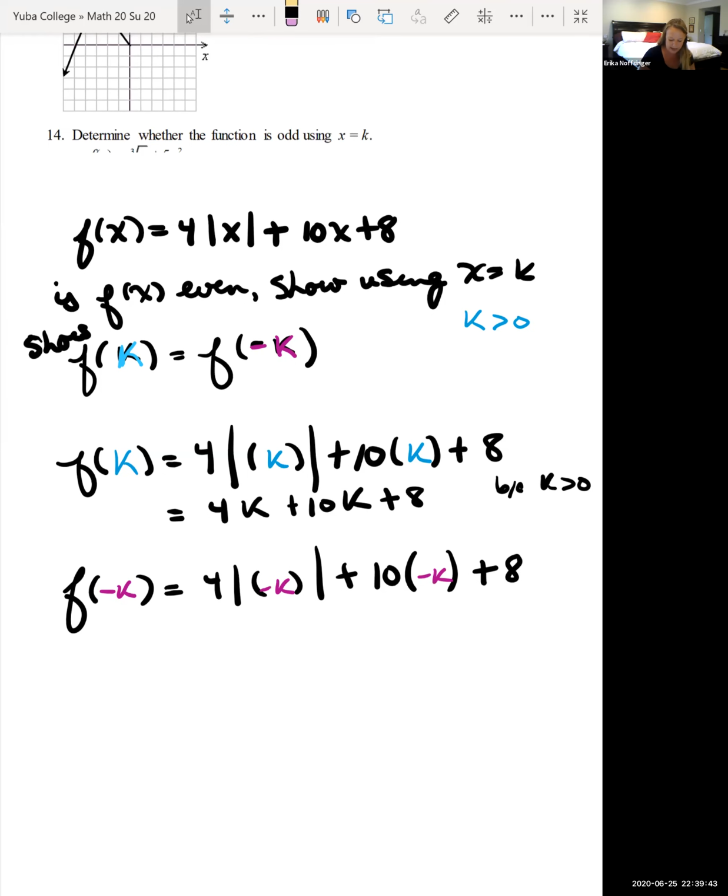Now let's look at f of negative k. So this is equal to 4 times, well, the absolute value of negative k, we know that k is positive, so this is an absolute value of a negative number, which is going to give us back the positive. It's going to be positive k. Minus 10 times k, so minus 10k plus 8. So this is f of negative k.